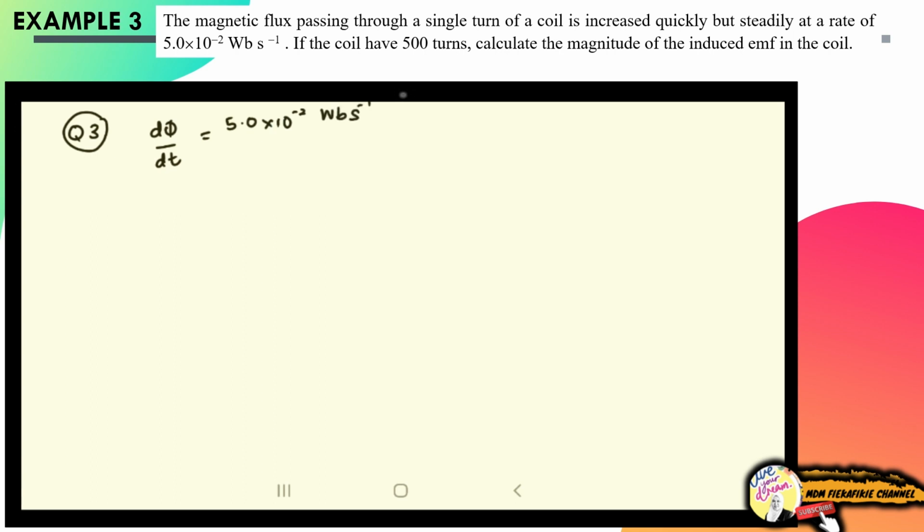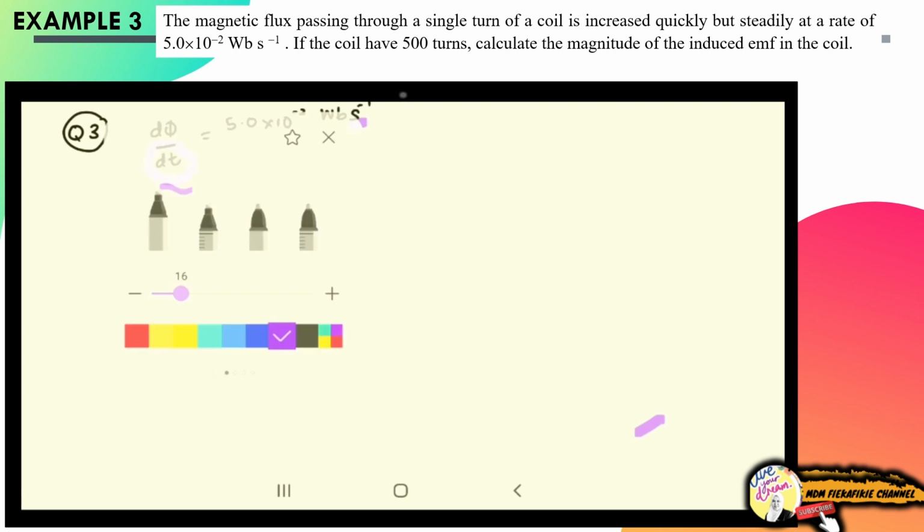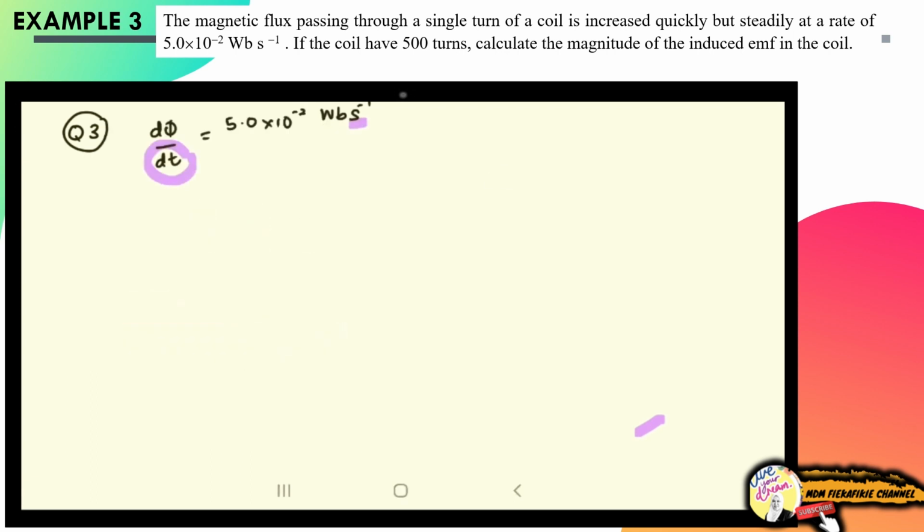The unit for magnetic flux is Weber, and for time it is second.